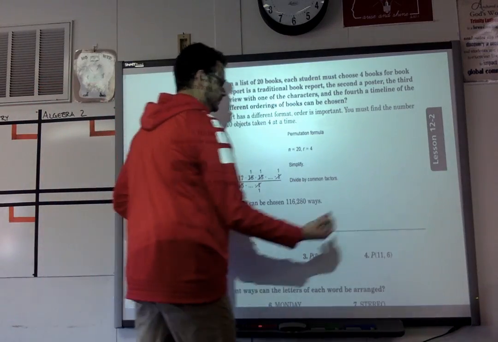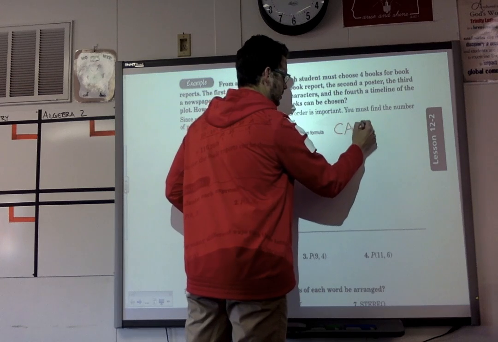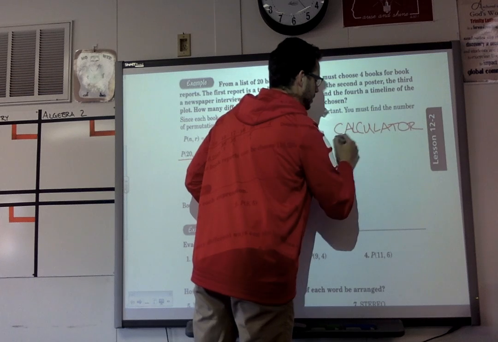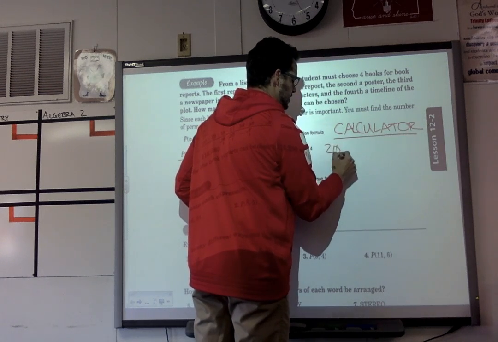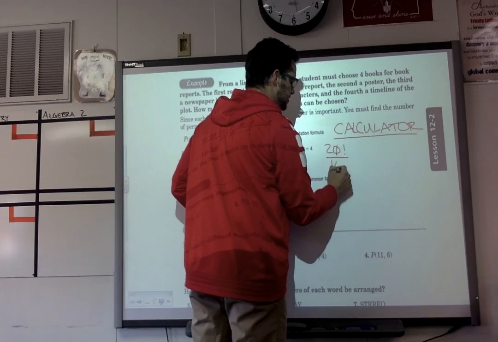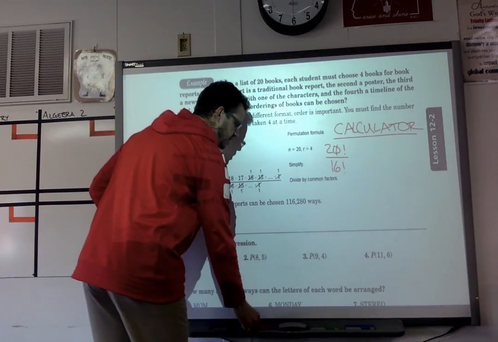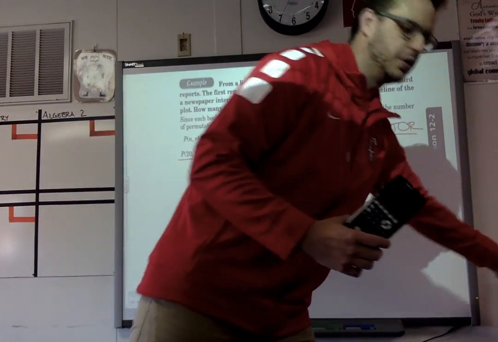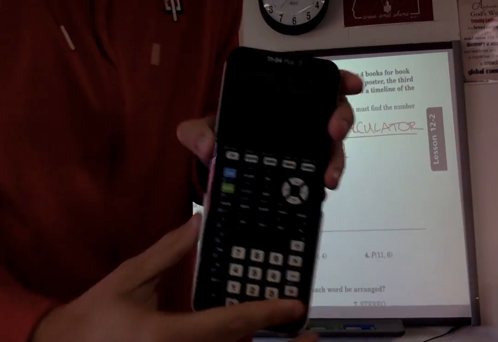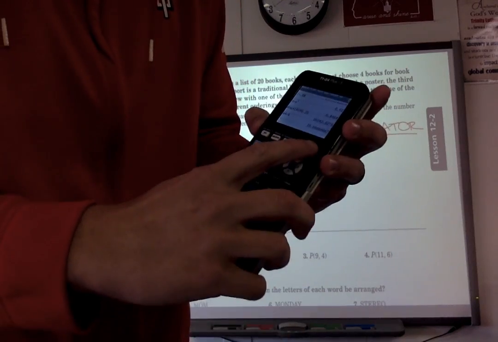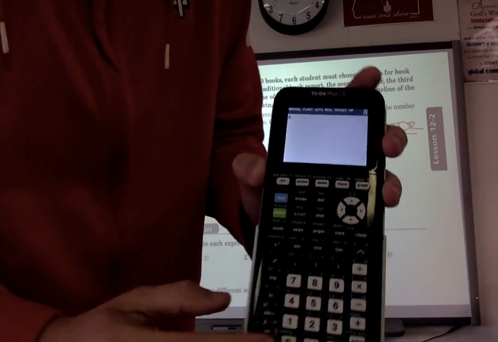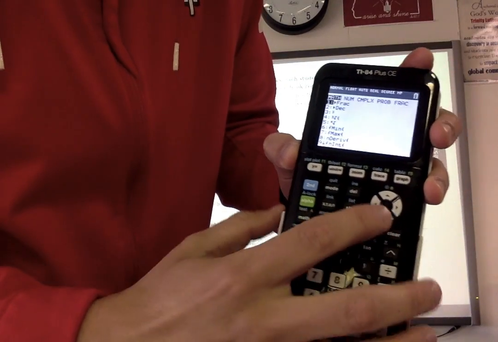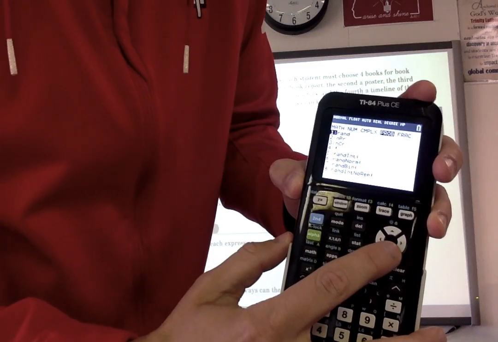The first one, on our calculator, the first way that you can think of this is just as plugging it in as division on your calculator. So you would do, I'll show you on both of these calculators. If you've got your graphing calculator, again, for that factorial, we would go 20, and then factorial, you go math, over to probability.